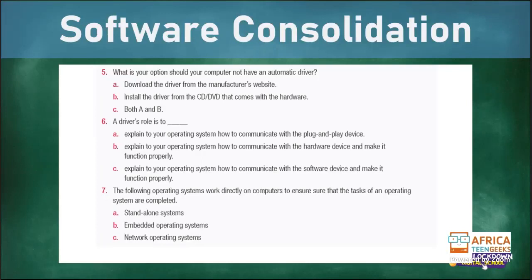That's correct. And then number 7, the following operating systems work directly on computers to ensure that the tasks of an operating system are completed: standalone systems, embedded operating systems, network operating systems. What's the answer there?